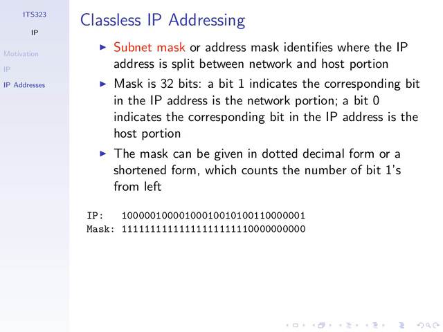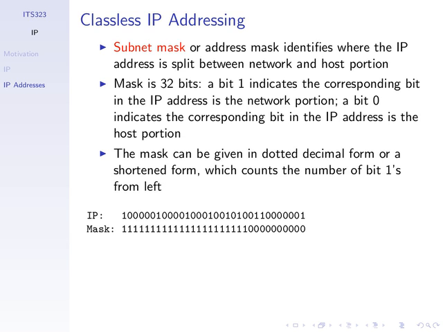Which means of our 32-bit address, the first 20 bits identify the subnet C. Following the same rules as we had with host A1 and host A2, host C4 must have the same first 20 bits.